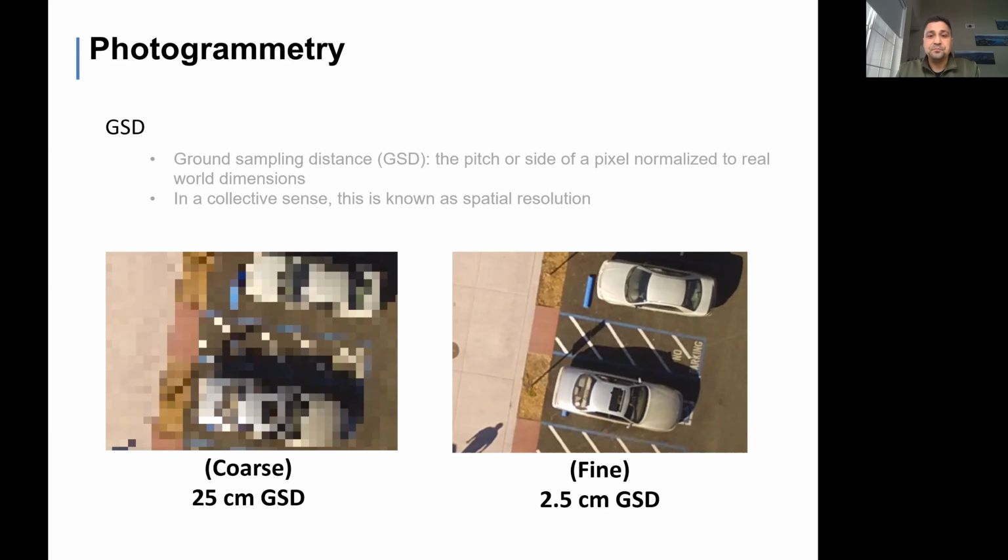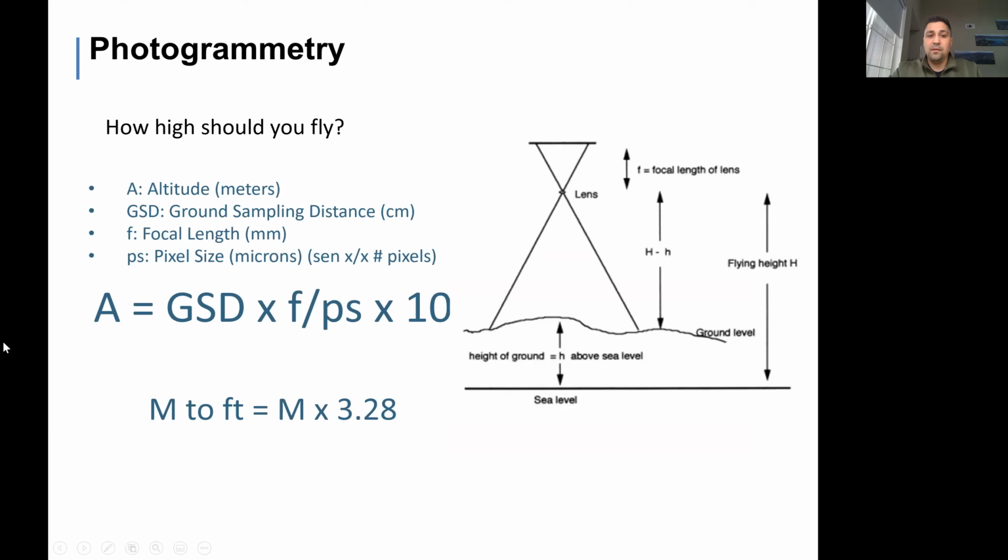And let's go back for a second. The higher you are here, the larger this number is going to be, and vice versa.